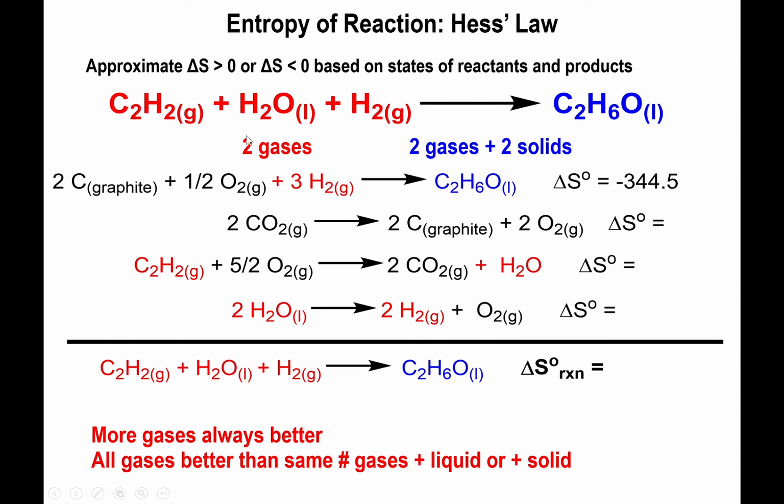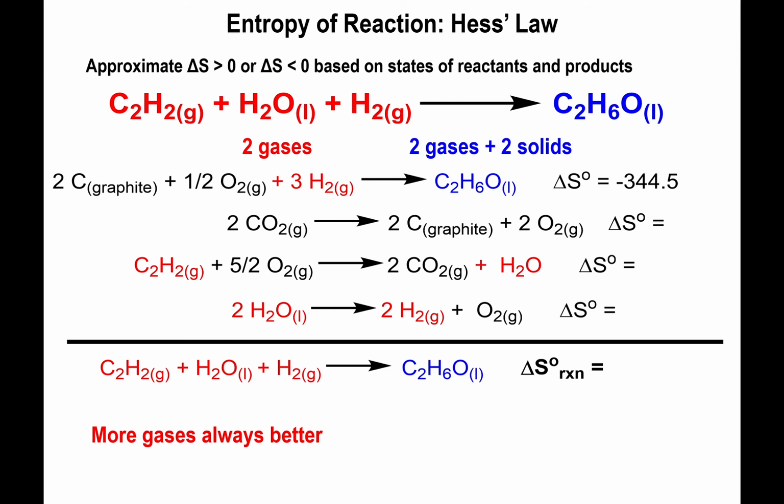So if you start with two gases, by mass, you had more gases before. Now that some of that amount has gone into making some solid, the mass of gases present is actually less than what you had. But granted, you still have two gases on both sides. So even though some of that amount has gone away to make some solid, we expect the entropy to change a little bit in the negative realm, but probably not by a lot.